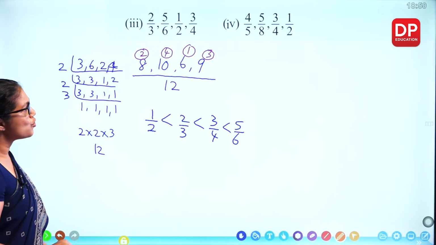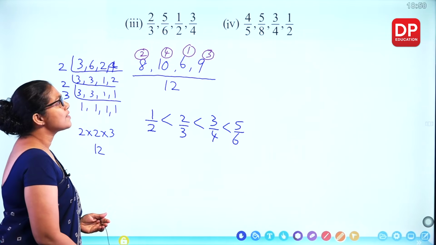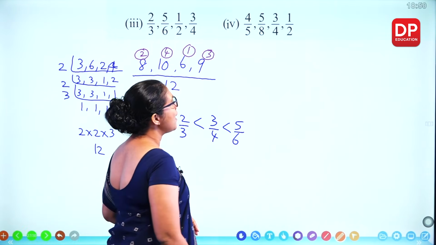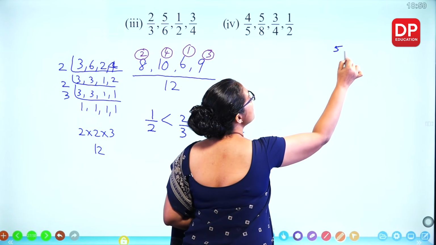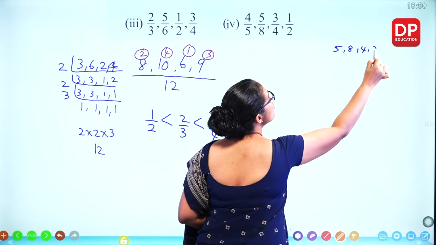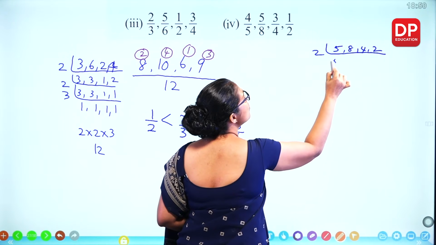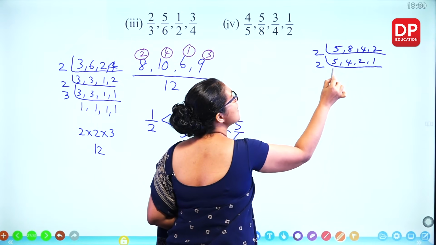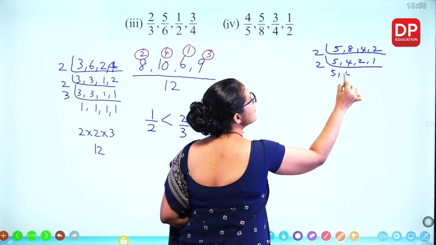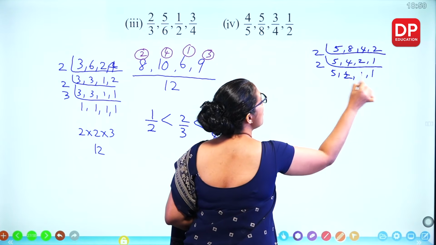Now we'll take the next one. 5, 8, 4, 2. So what's the lowest common multiple for 5, 8, 4, 2? We'll do the calculations. You can divide by 2. You can divide by 2 again. Here, divide by 2, 2, 1, 1.